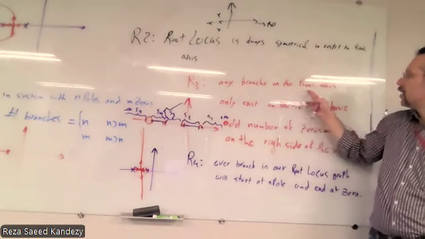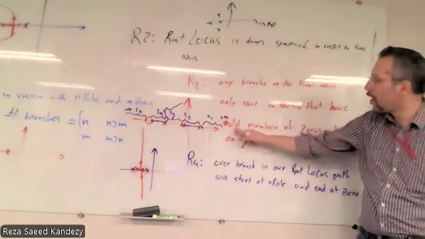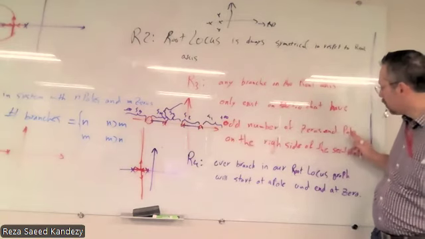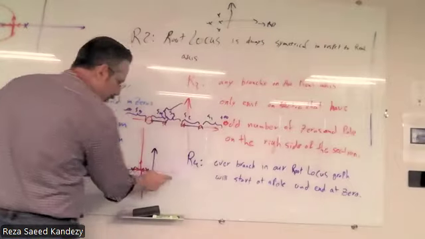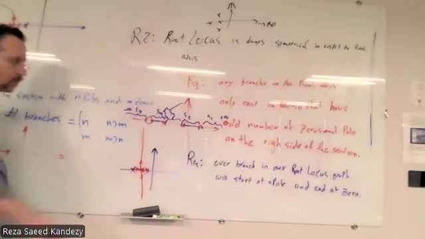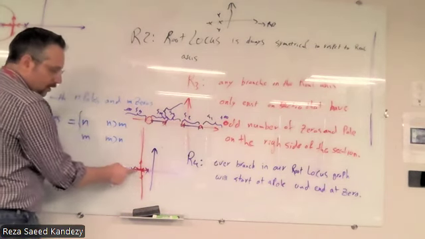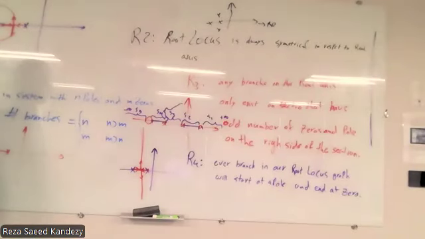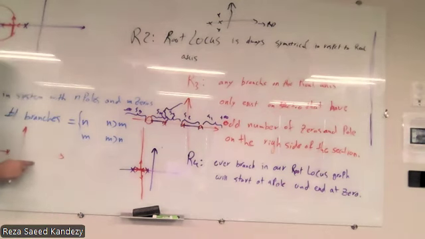Rule number 3. Any branches on the real axis only exist on a section that has an odd number of zeros and poles to the right of it. Here, there are 0 poles and zeros, so we don't have any section here. Here, we have it. Here, we don't have any branch. Same goes here. Based on rule number 3, we don't have anything on this part of the real axis.